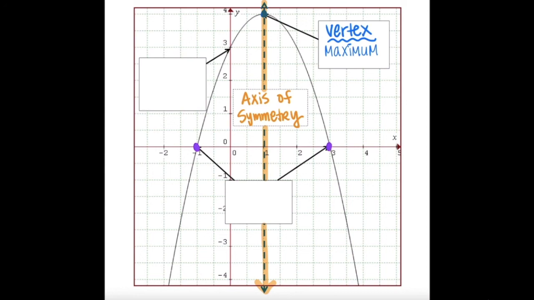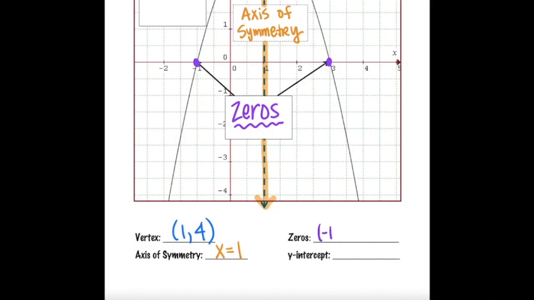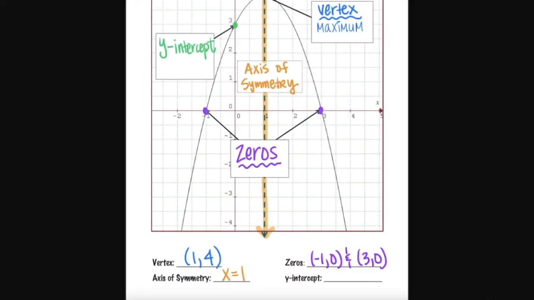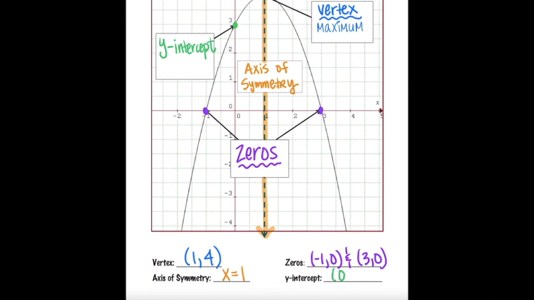These again are called the zeros of the function, and there are 2 of them because there are 2 inputs that produce an output of 0. They are -1, 0 and 3, 0. And finally, our point that is crossing the y-axis here, that is our y-intercept. And that is at the point 0, 3.